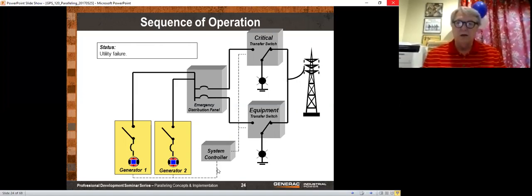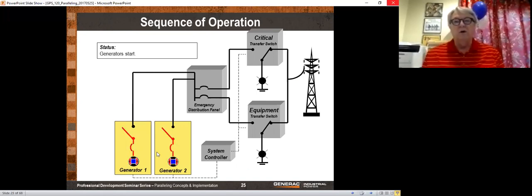Then this second dotted line between the system controller and the generators is a communications line. In this 2004 version, that was Modbus and twisted wire pair. In the newer controllers that Generac is producing, this becomes an Ethernet connection. But we'll just say it is a communications connection. It causes both of those generators to start.